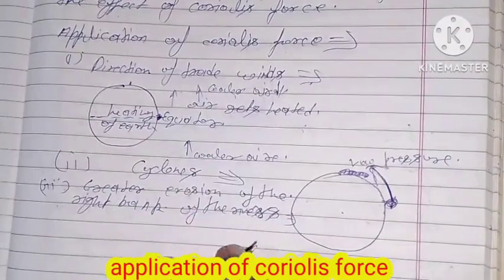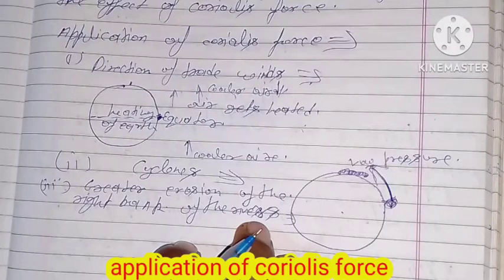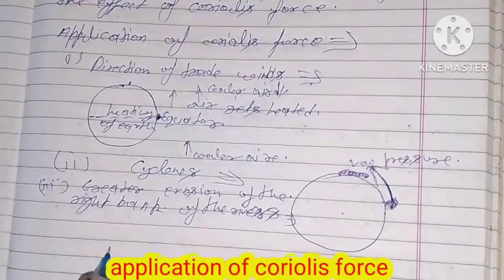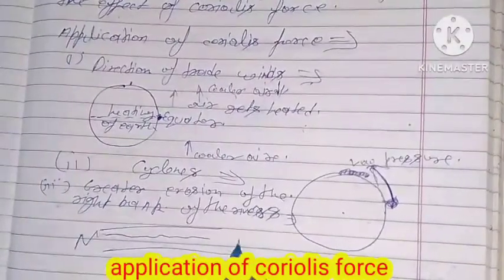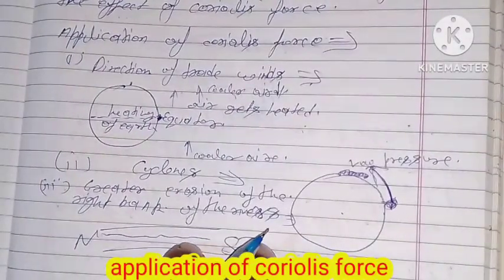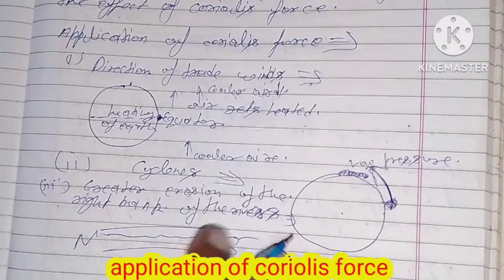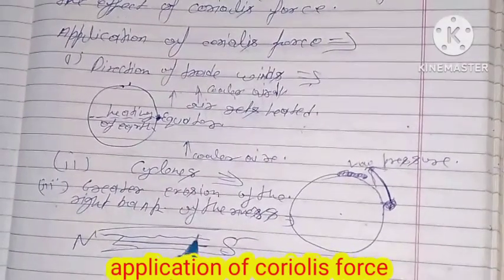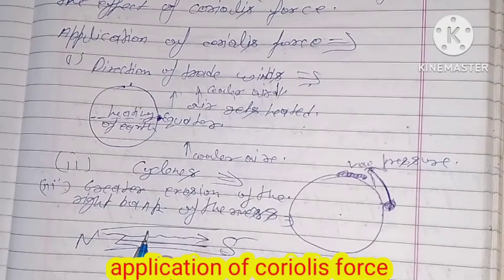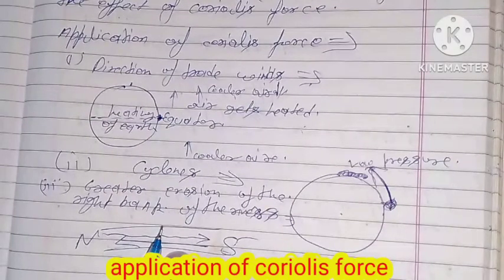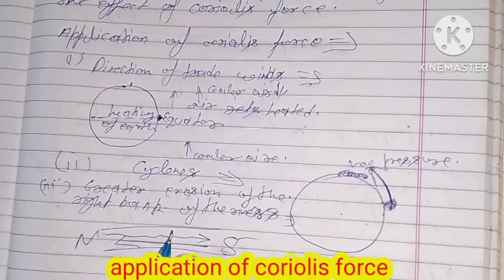The water of rivers flowing north to south or south to north experiences a Coriolis force towards its right, with the result that the right bank of the river is eaten away more rapidly and is steeper than the left bank.